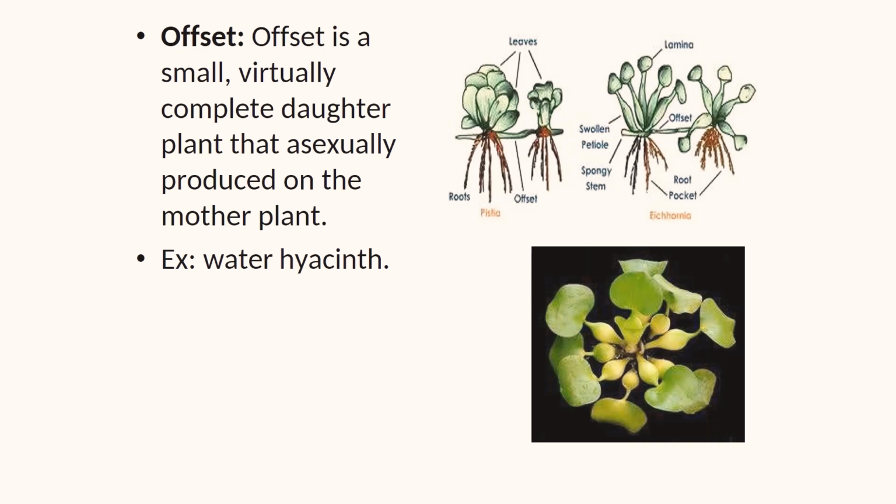A thick and fleshy runner of aquatic plants is called offset, which develops a tuft of leaves at the apex. Here, apex means the top portion and tuft of leaves means a group of leaves. For example, pistia, commonly known as water lettuce, and Eichhornia, commonly known as water hyacinth.